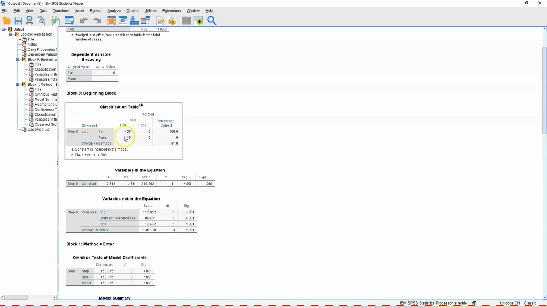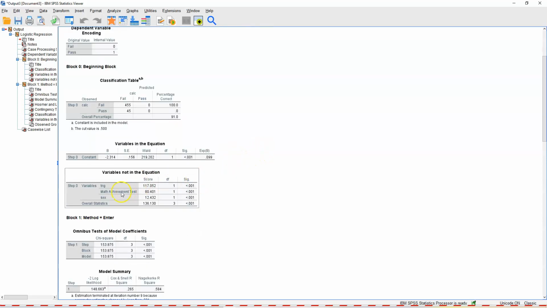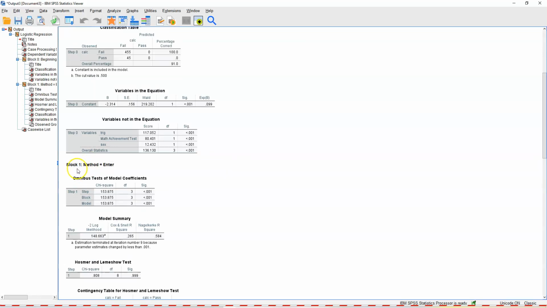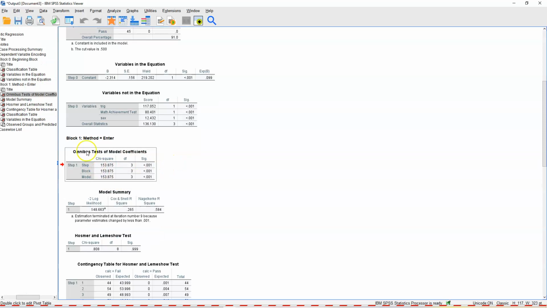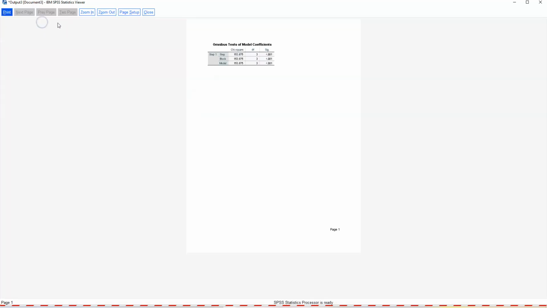No independent variables here. You can see 91% without, and it's significant. But as you can see right here, you have no independent variables included. Let's go to our block 1. And block 1, let's see, let's go here.